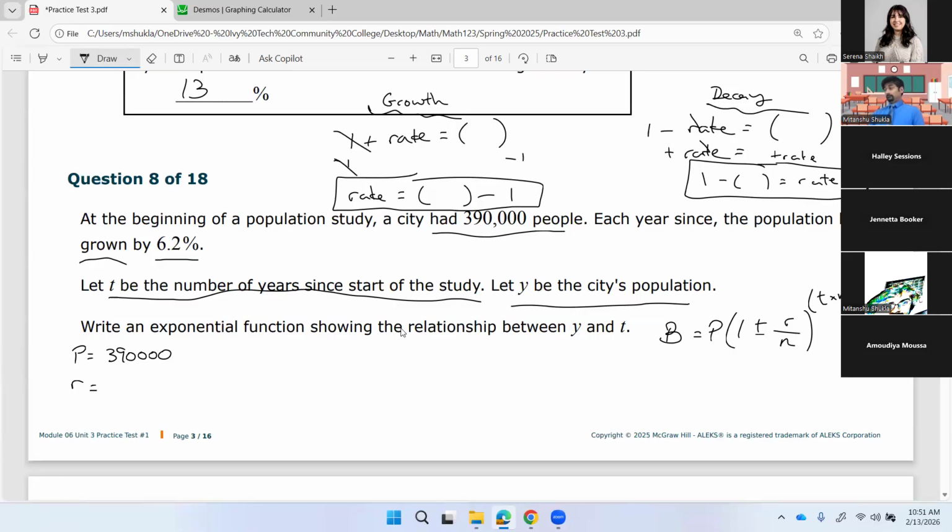Would it be a 6.2%? It would be the 6.2%, but we do want our rates as a decimal. So we're going to need to divide by 100. So that'll give us 0.062. And is this thing growing or decaying?